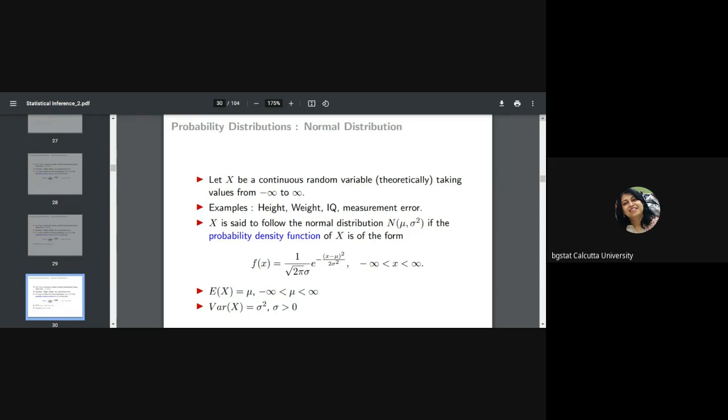This happens because of the shape of the normal distribution, which is called the bell-shaped distribution. For the probability distribution, we said that if we have a discrete variable, we have a probability mass function. If we have a continuous variable, we have a probability density function. The probability density function of the normal distribution is often referred to as the normal curve or the bell-shaped curve.